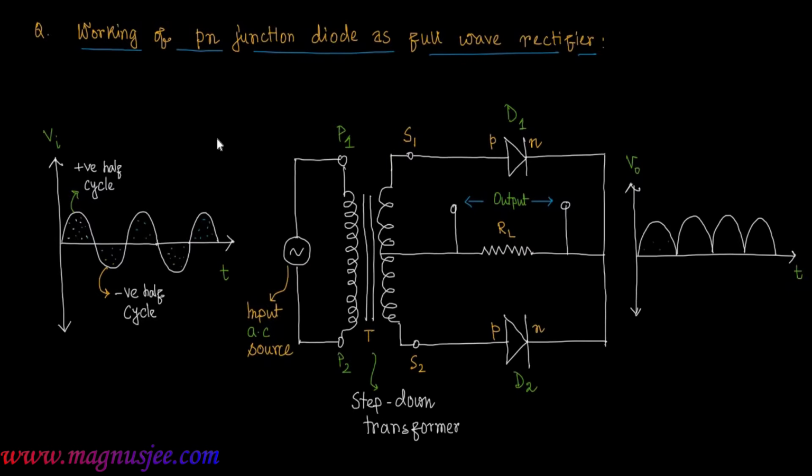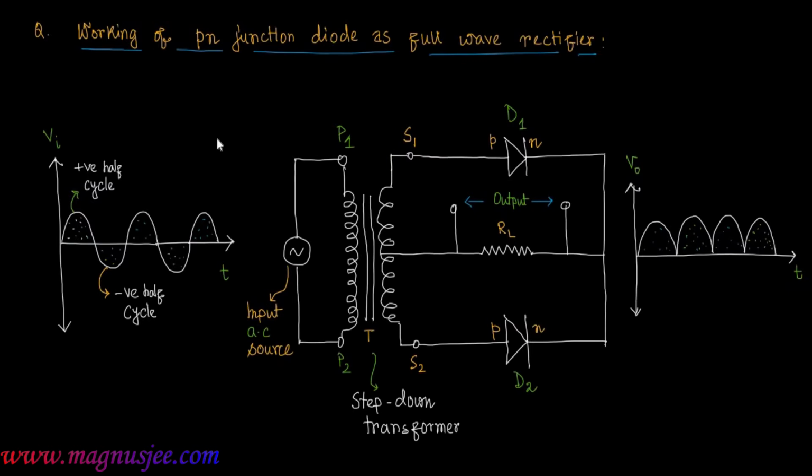Positive half cycle will remain positive half cycle, but negative half cycle will be converted into positive half cycle. And here at the output we get positive voltage always.